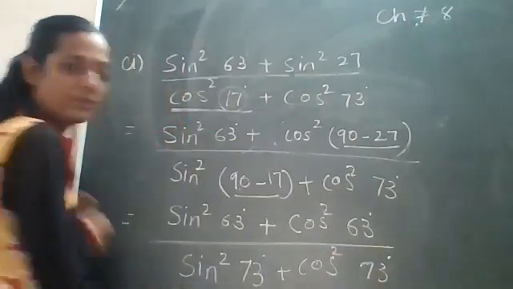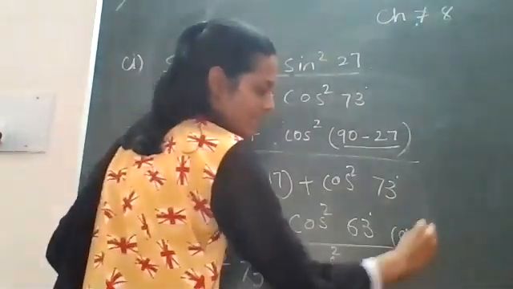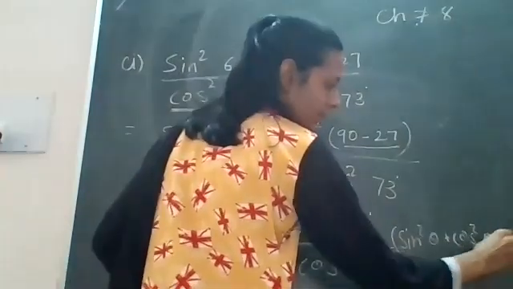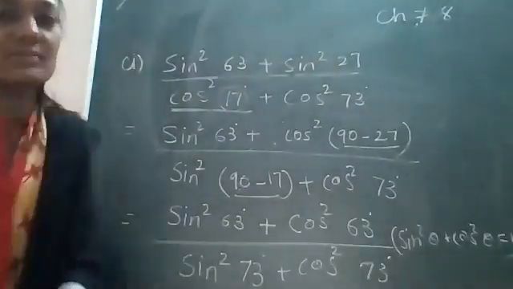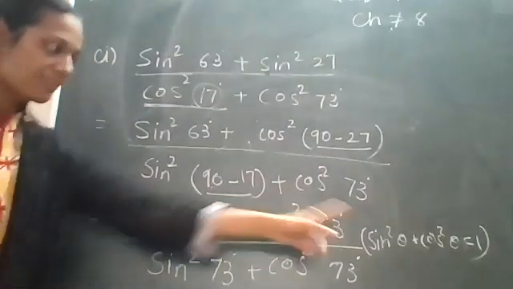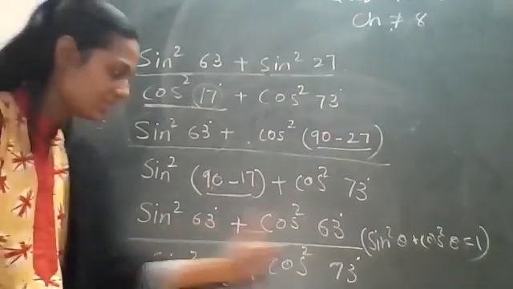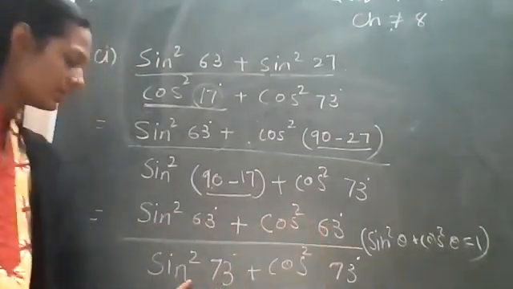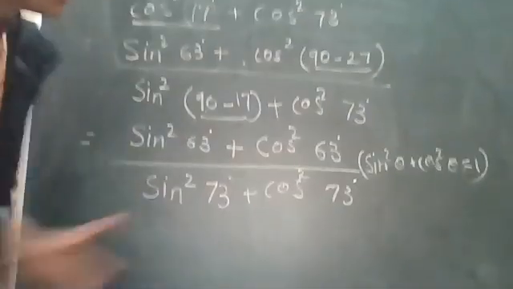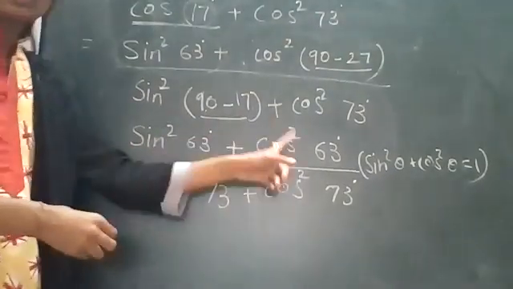Now students, we know that sin square theta plus cos square theta is equal to 1. So here instead of theta we have 63 in the numerator, and in the denominator 73 and 73 is there. So we can put the value 1 and 1 because these are our theta only.